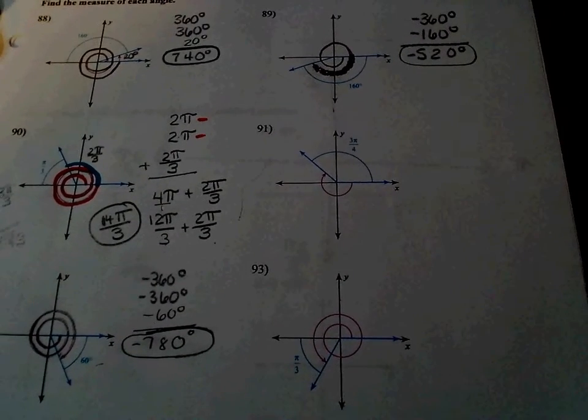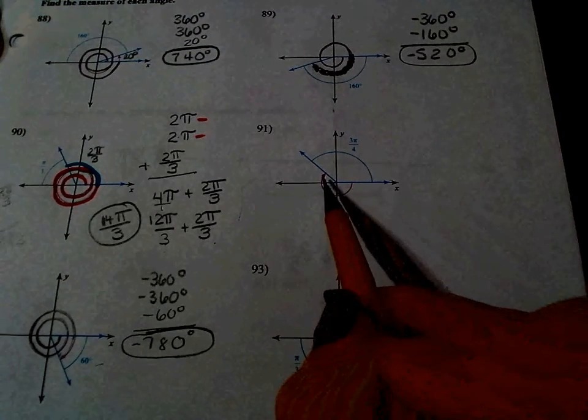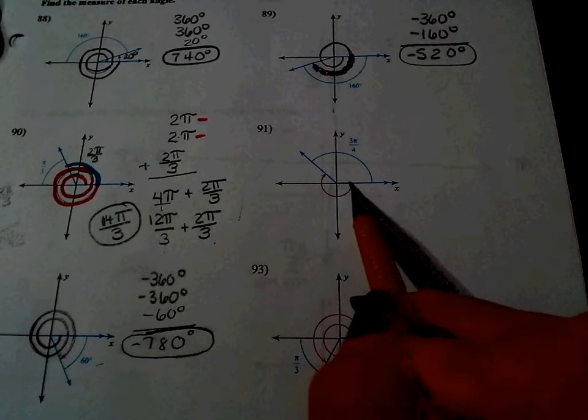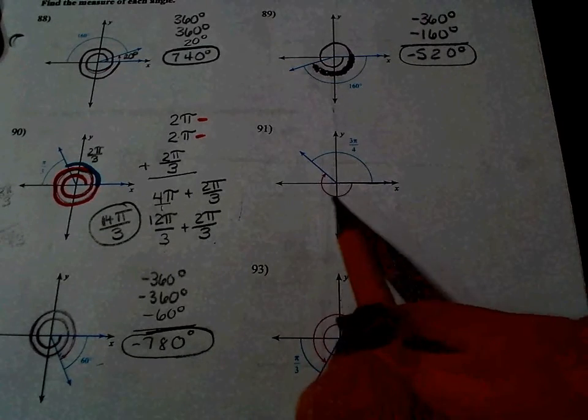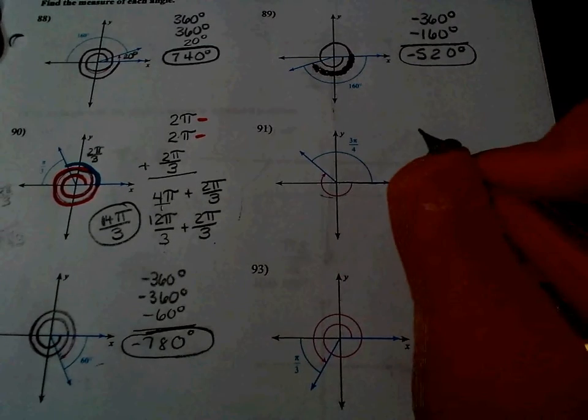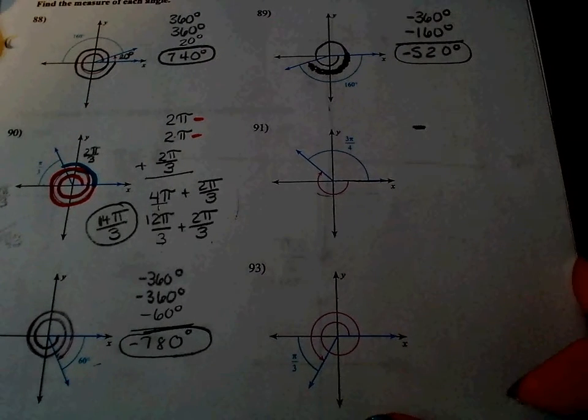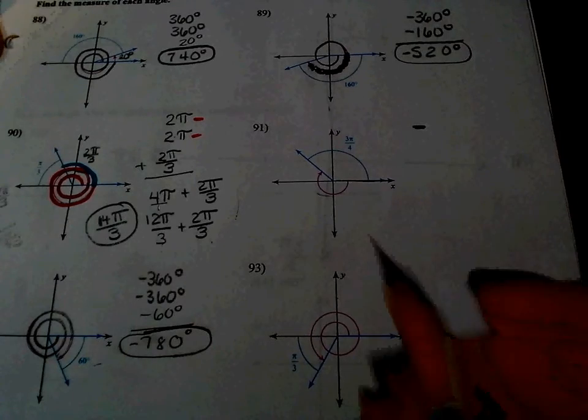91. Okay. Some people always get confused which one I want. I want the one with the arrow on it, which is this one. Here's the initial side. Here's the terminal side. We're going that way. We're going in a negative direction, so my answer is going to be negative. Okay? Now let's think about what I'm doing here.